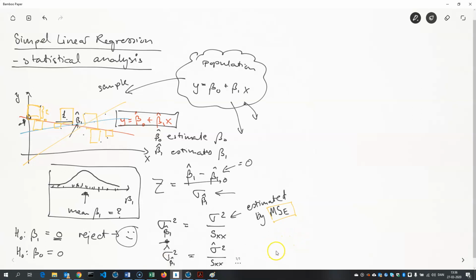Now if we take the square root of that estimate, then we get what we call the standard error of beta 1. That's just another name for something we could call the standard deviation, but we use the term standard error for beta 1.